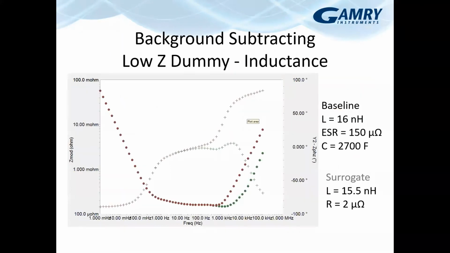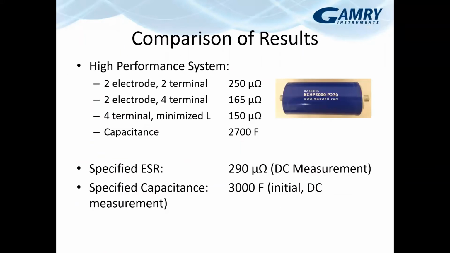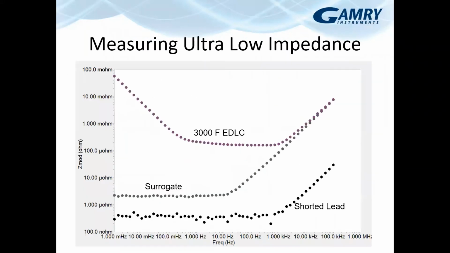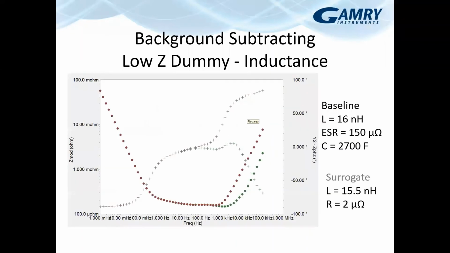The other thing that you can try and do when you have a surrogate is to do background subtraction. Background subtraction for EIS can improve values, but it has to be used carefully. That surrogate gave us an inductance, and that inductance we can subtract out from our actual cell, actual system, to get at a better version.